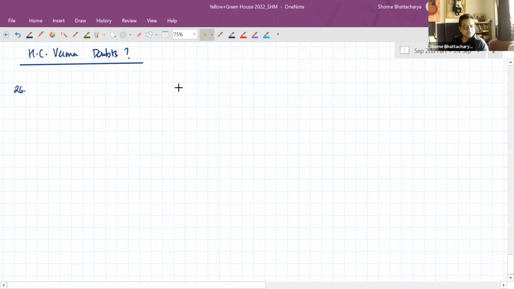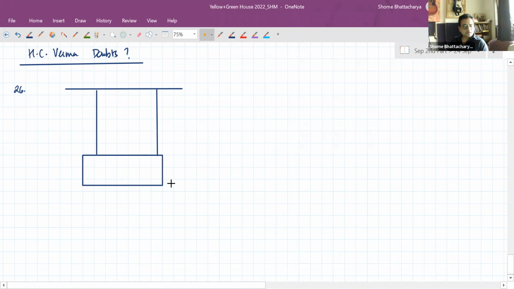So let's start with 26. So we have this kind of a system. From some ceiling, we have tied two threads to suspend a sort of rectangular slab kind of thing like this.